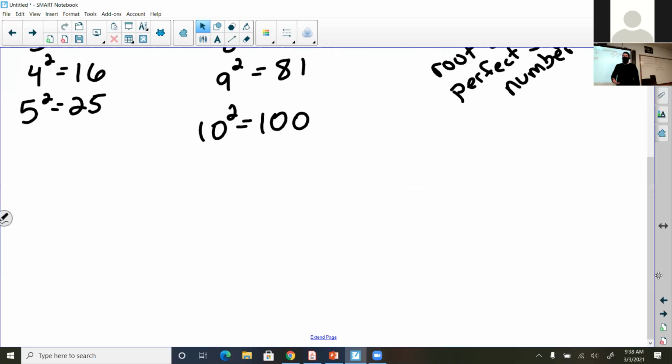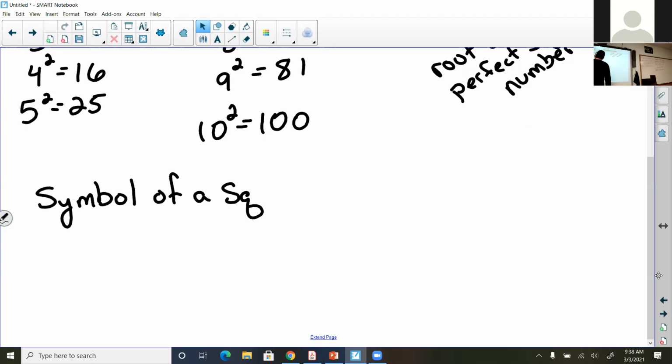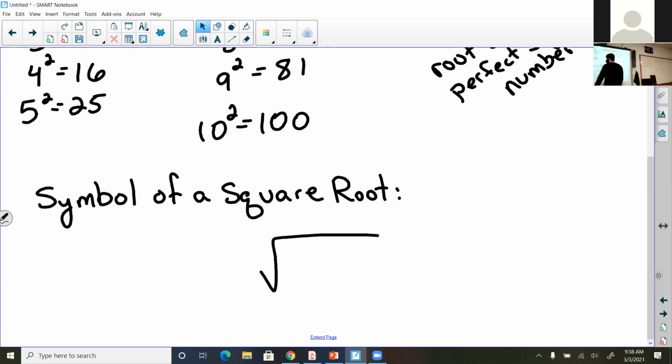All right, so how about square roots? What does the symbol look like? So the symbol of a square root is this. It looks kind of like the division symbol.